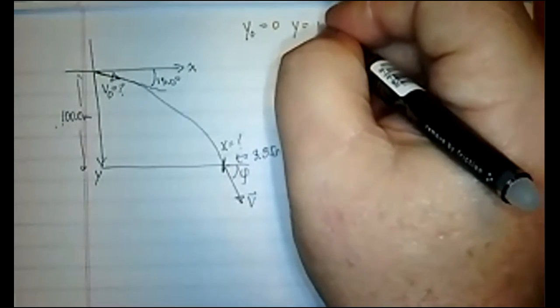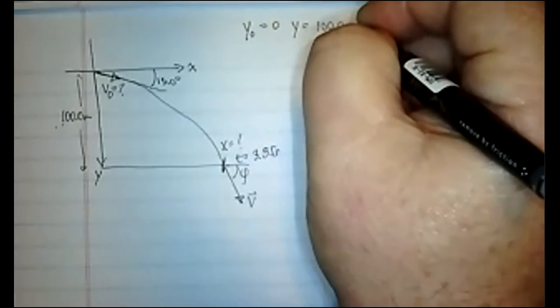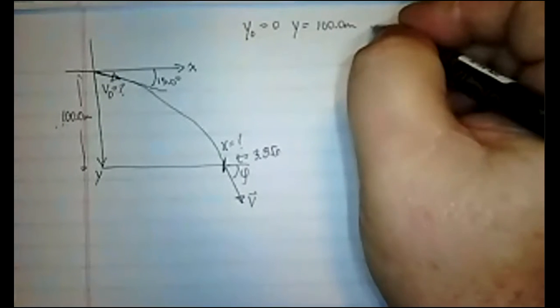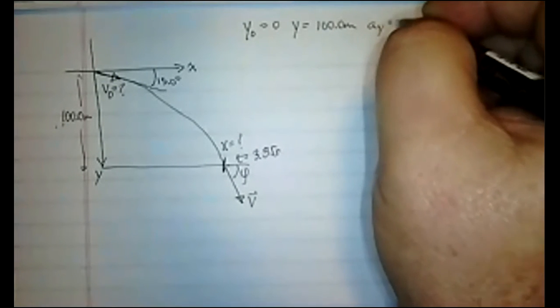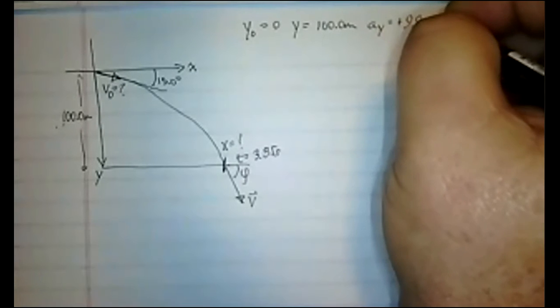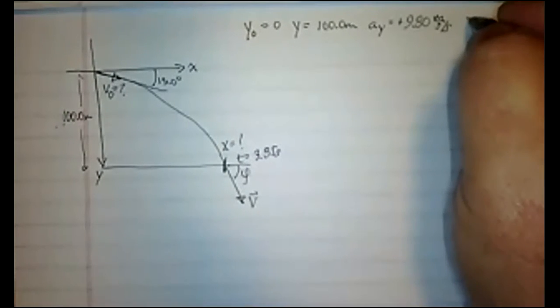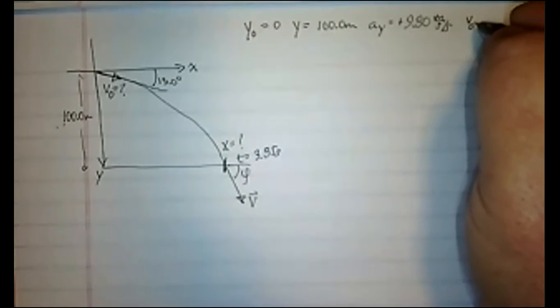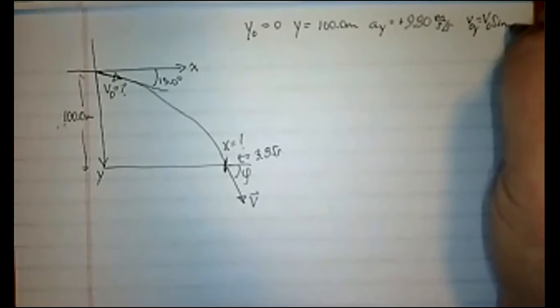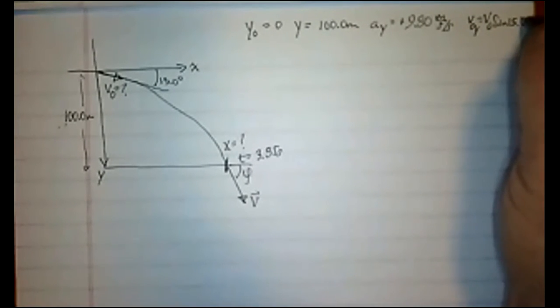The final y coordinate, of course, would be 100. By calling that a positive 100, that means our acceleration in the y direction would equal positive 9.80 meters per second every second. Our initial velocity in the y direction would be v0y is equal to v0 times sine 15 degrees.